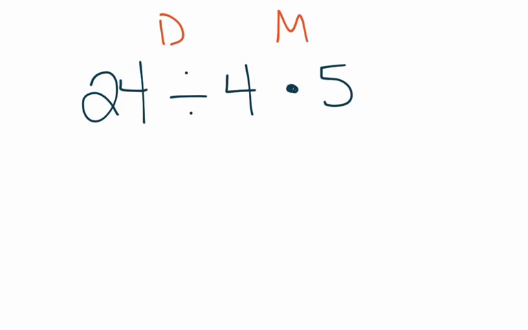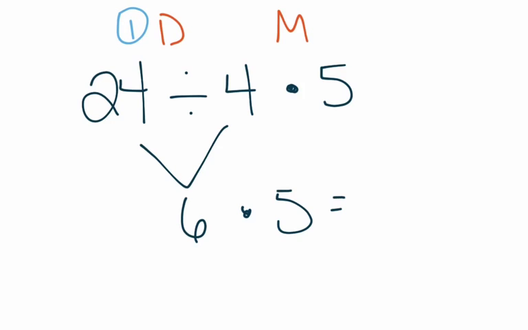In this case, we would do the division first because it comes first in left to right order. So even though multiplication comes first in the order of operations, we wouldn't do it first in this problem. We would do 24 divided by 4, which is 6, and then we would multiply by 5, which would give me 30.